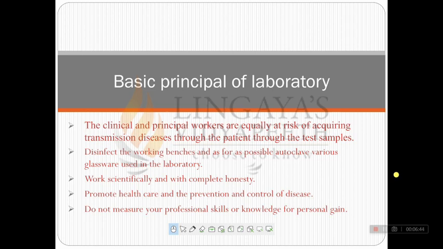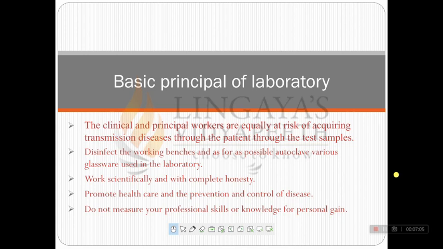So, you should be alert to unsafe conditions and call attention to them so that the corrections can be made as soon as possible. So, every laboratory worker has basic responsibility to himself or herself and colleagues to plan and execute laboratory operation in a safe manner.